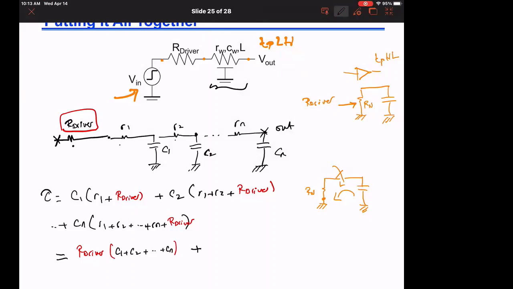And then I will have the regular C1 R1 plus C2 into R1 plus R2, and so on. This is the regular distributed wire constant that we just derived.